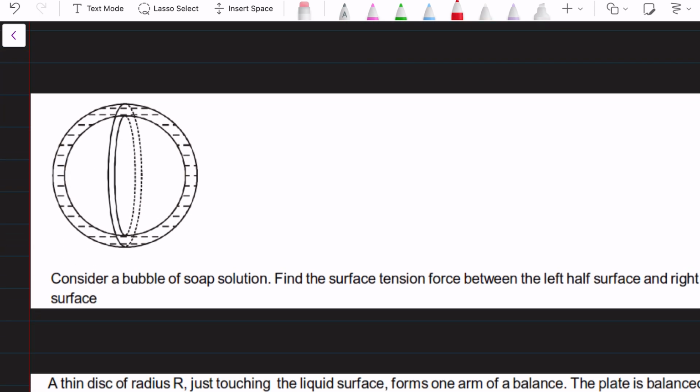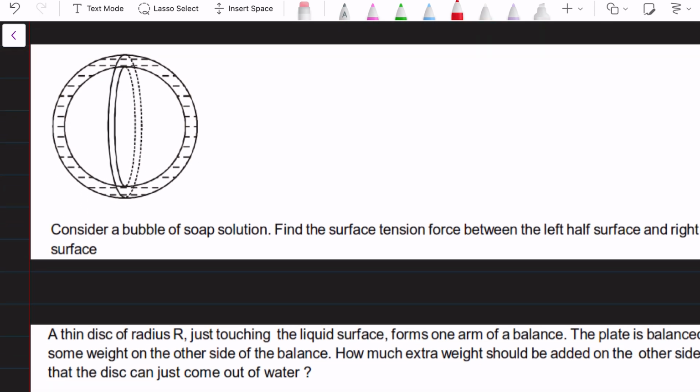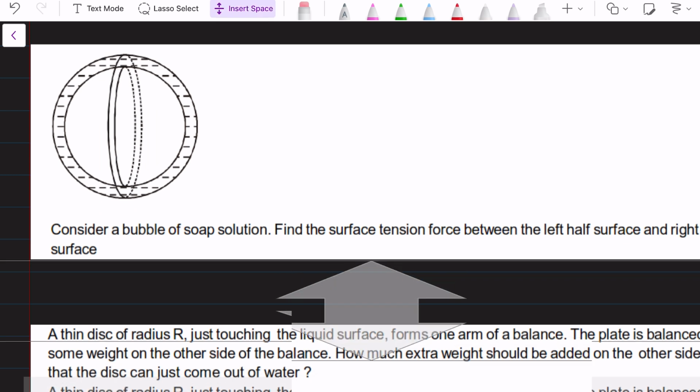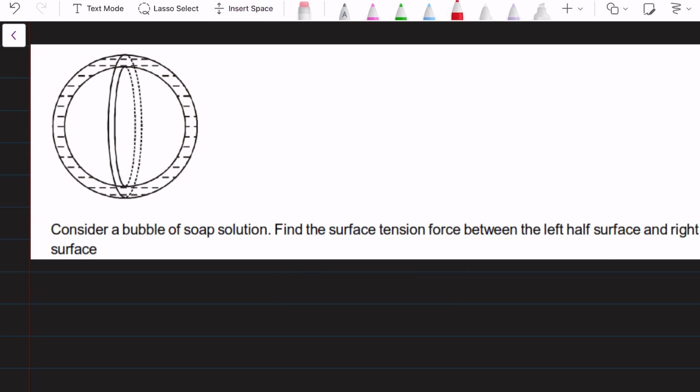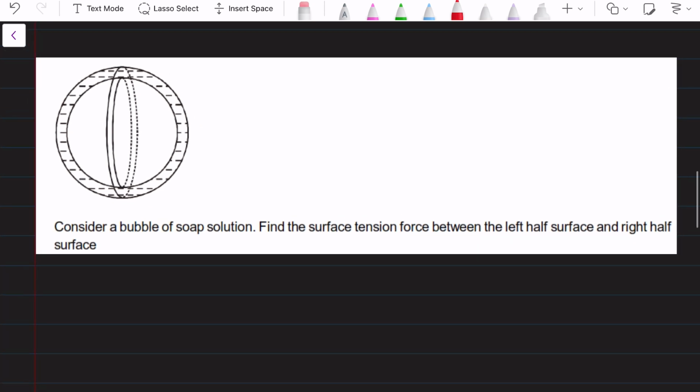Take the next question. Consider a bubble of soap solution. Consider one soap solution bubble, and we have to find the surface tension force between the left half surface and the right half surface. This question is very much similar to the previous one, the second question. Here it is a soap bubble.